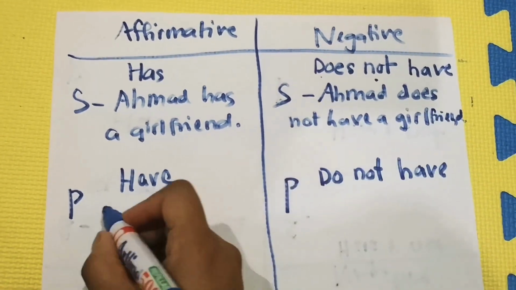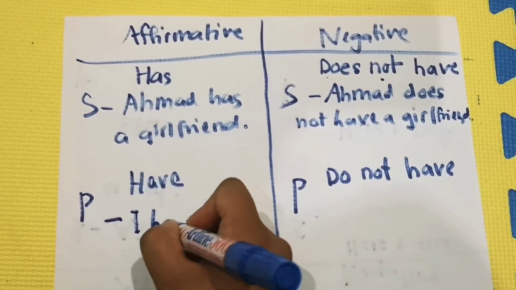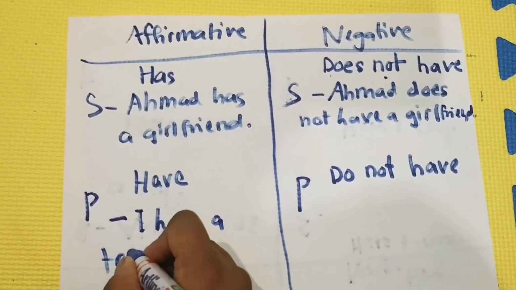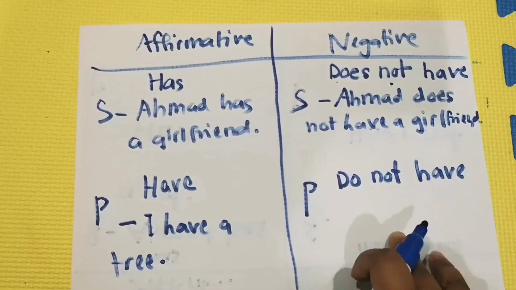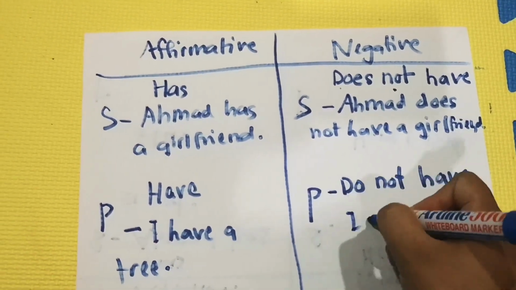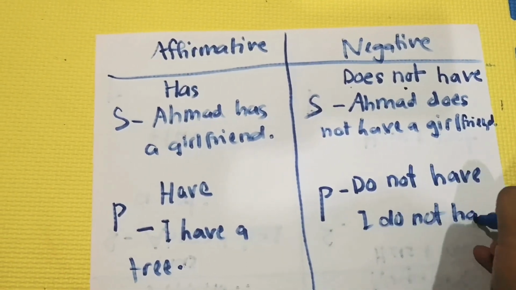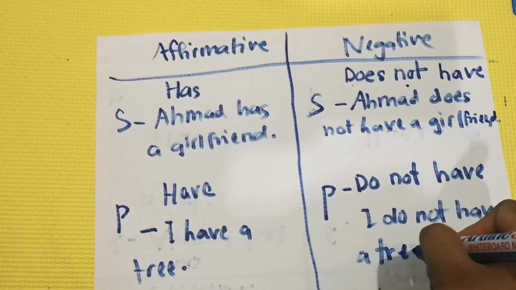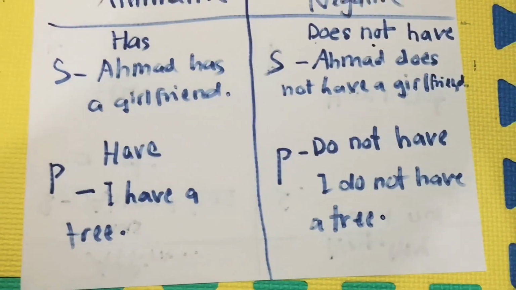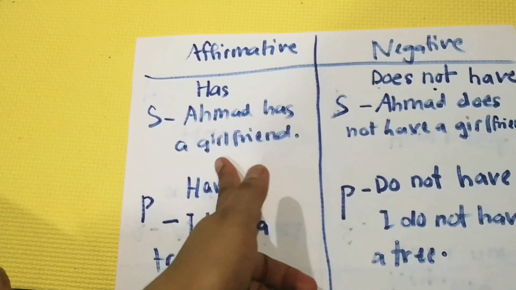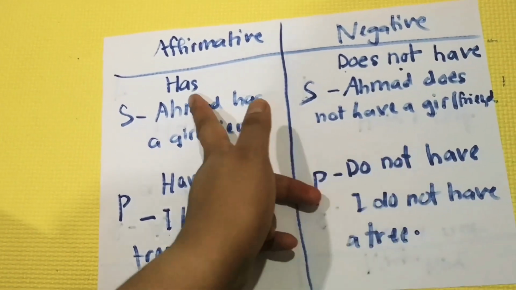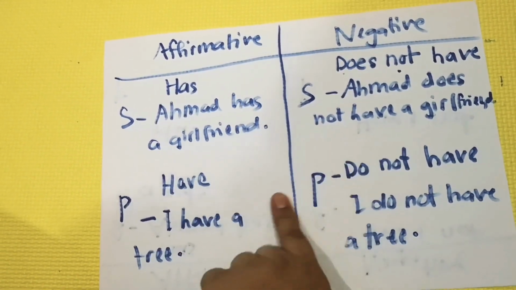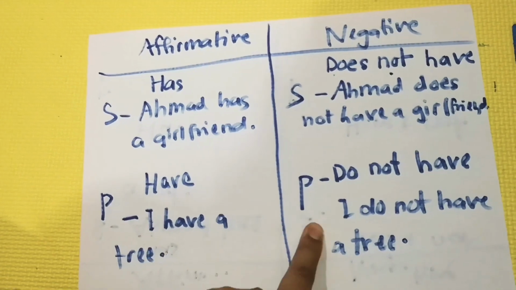For plural, affirmative, I have a tree. For do not have, I do not have a tree. So based on these examples, I hope you understand the difference. We don't simply put hasn't. We have to borrow from the verb to do to make it negative.